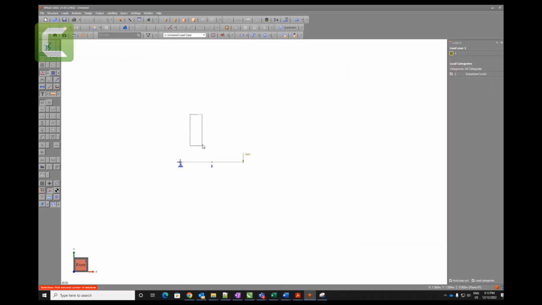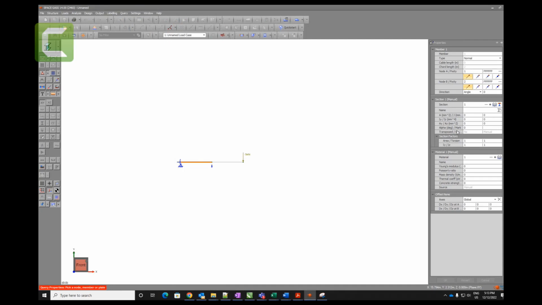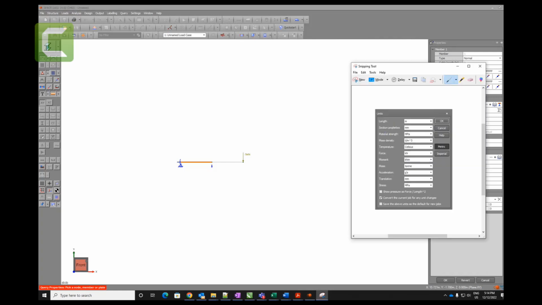Let me go back. Sorry, just cancel. Double click on here, and for the Young modulus here you put 200 thousands. And what we need, moment of inertia. We need moment of inertia here. The moment of inertia in section properties is in millimeters.